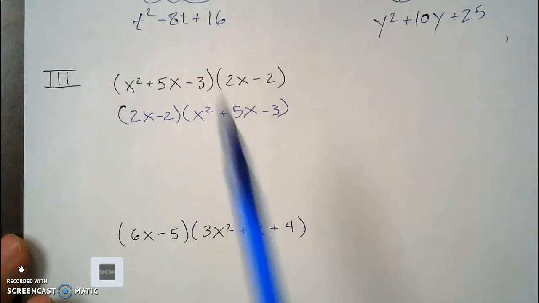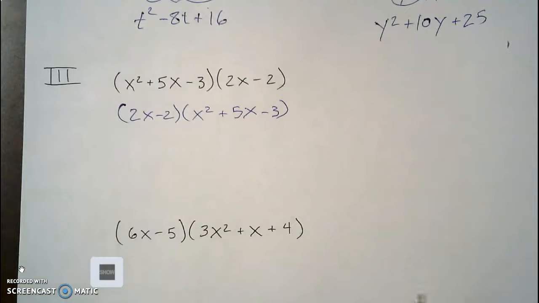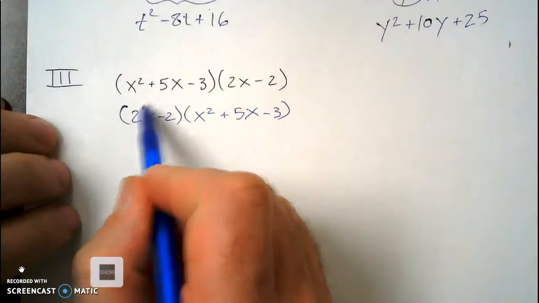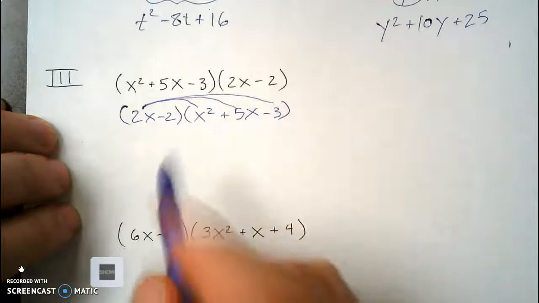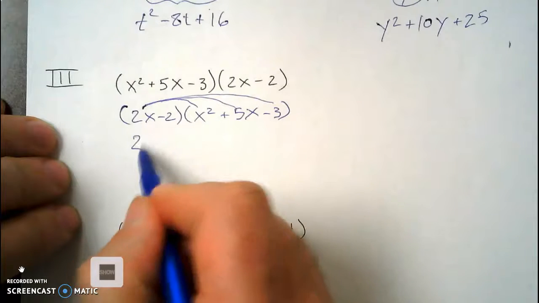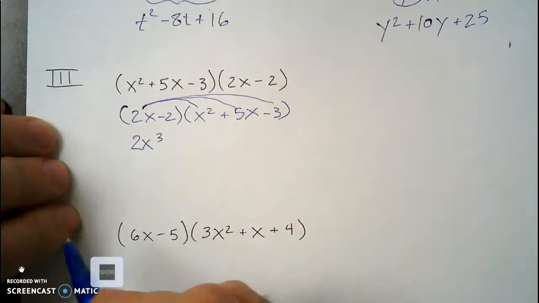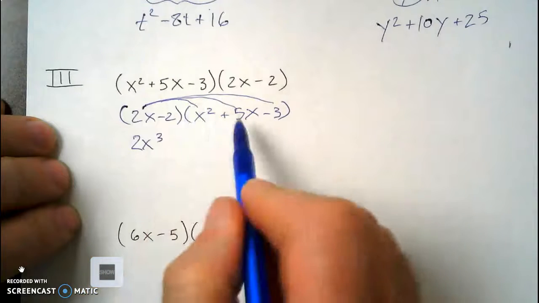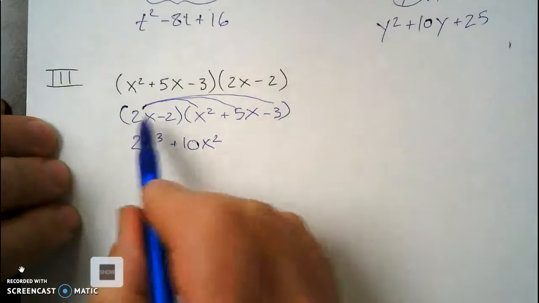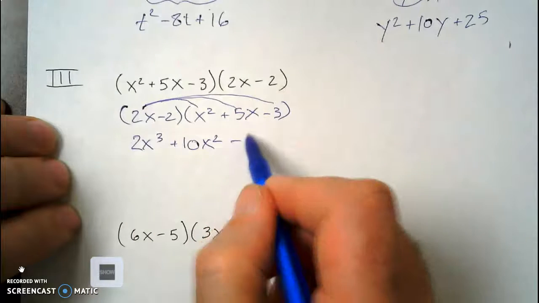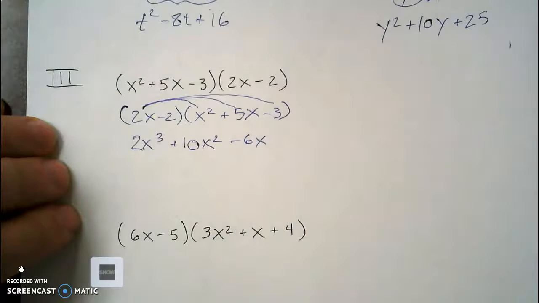These two traded places. Okay, so now I'm going to distribute 2x, but I have to distribute that 2x 3 times. So 2x times x squared, we're going to get an x to the third power. 2x times 5x is 10x squared, and 2x times negative 3 is negative 6x.